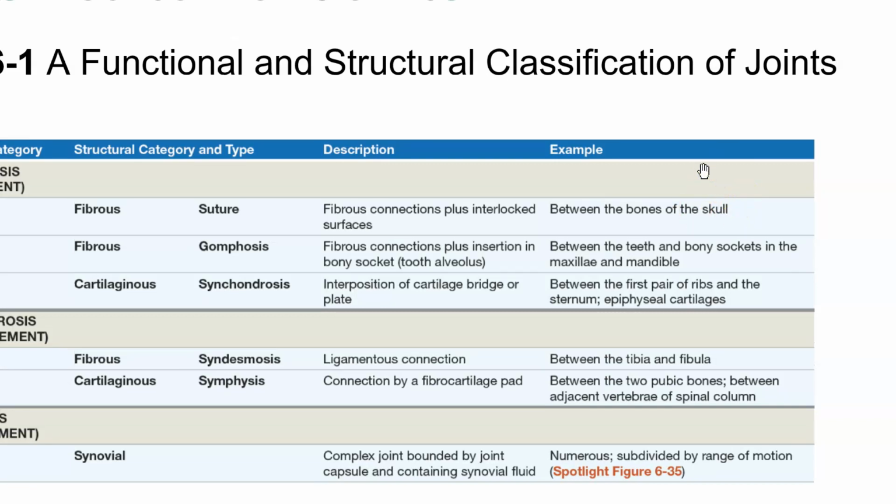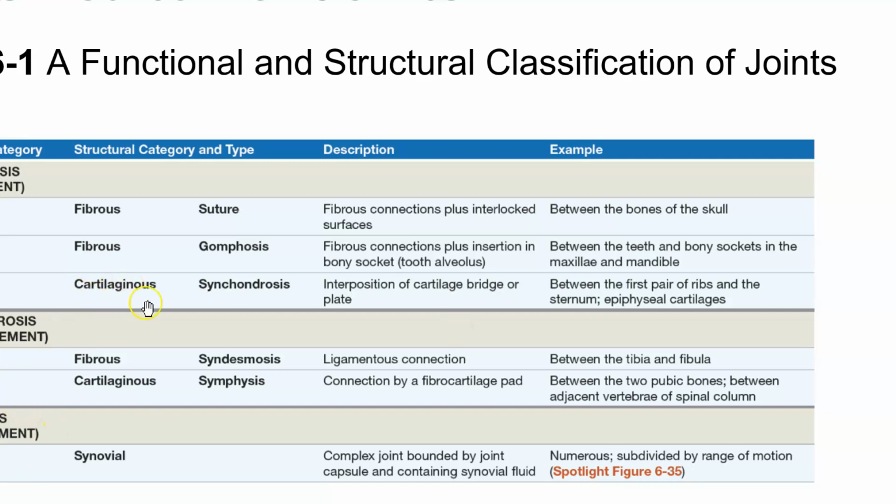And then another fibrous synarthrosis is a gomphosis, and this is the connection between the teeth and their sockets, which are called alveoli, just like the air sacs in the lungs, and they're connected by a ligament.